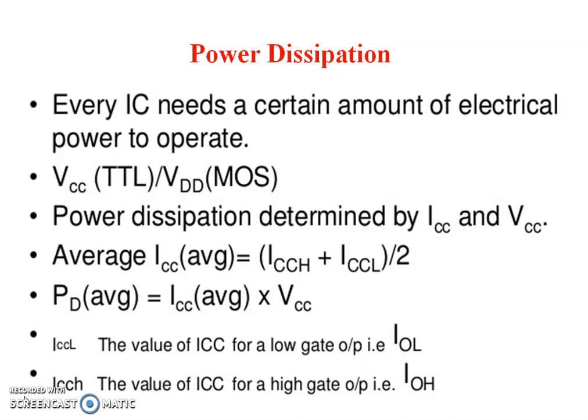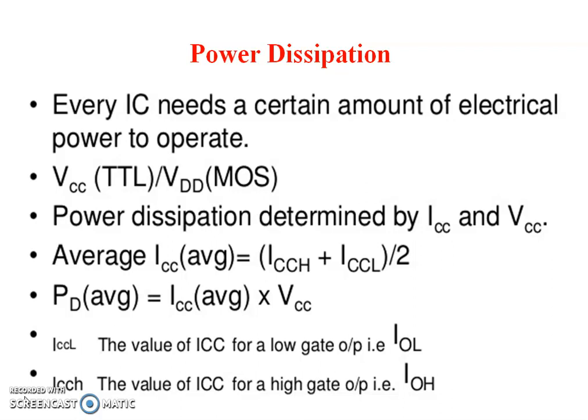For example, take a transistor logic NAND gate integrated circuit. VCC is plus 5 volts, ICCH equals 1 milliampere and ICCL equals 3 milliamperes. So we calculate the power dissipation. First we calculate ICC average, using the formula (ICCH plus ICCL) divided by 2.